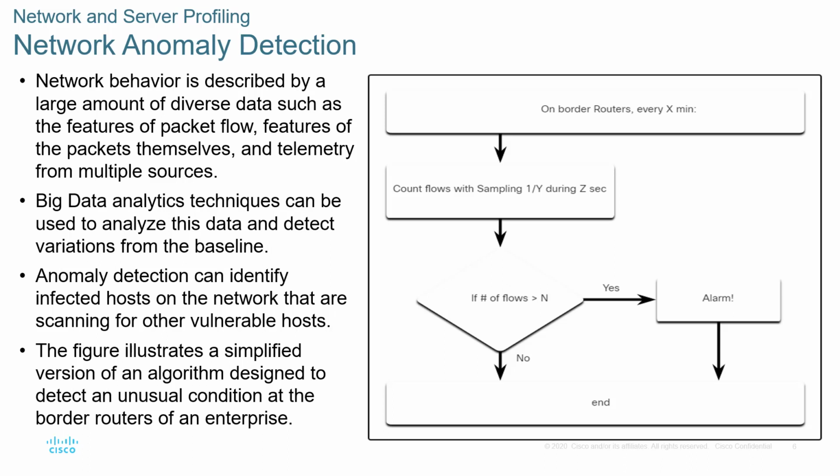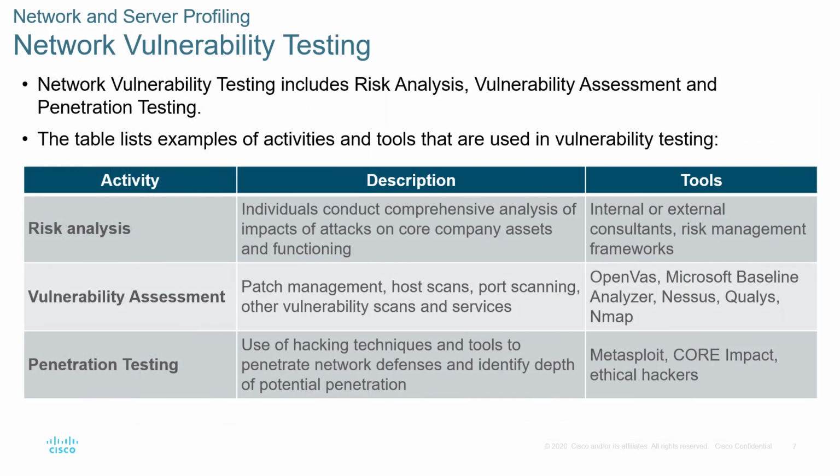And this is a very simple algorithm illustration that would show you how network flow could be used to identify and possibly set an alarm based off of the detection of network flow. Because again, we're looking at patterns. That's the purpose of our profiles, is to look at patterns.